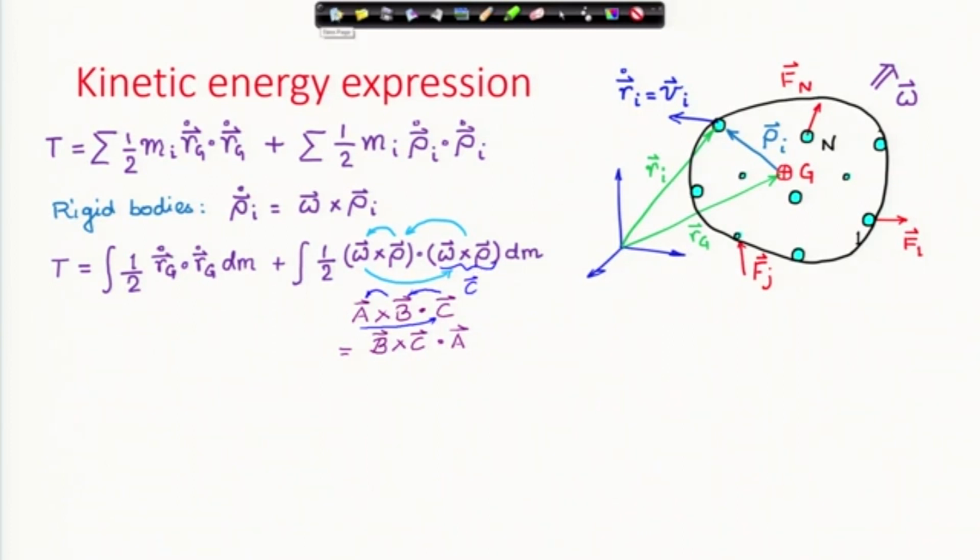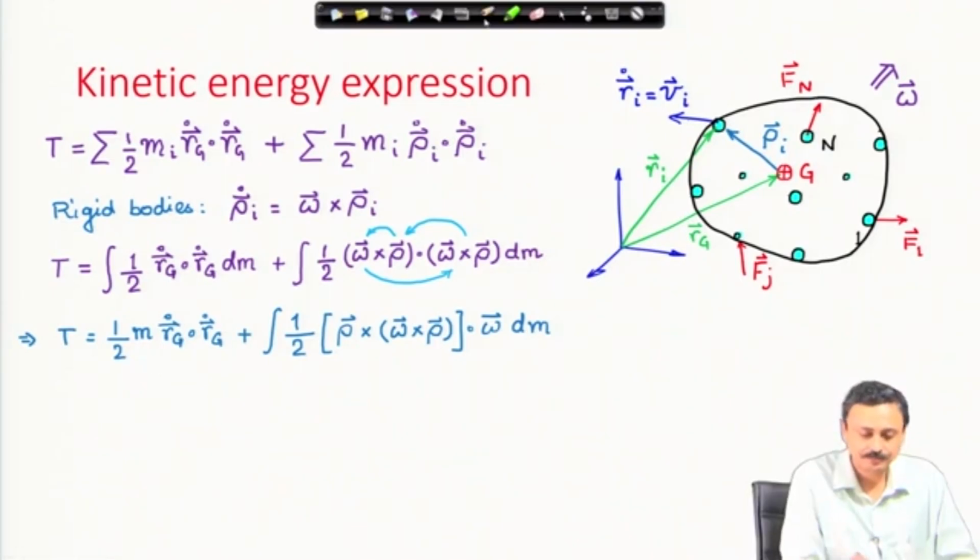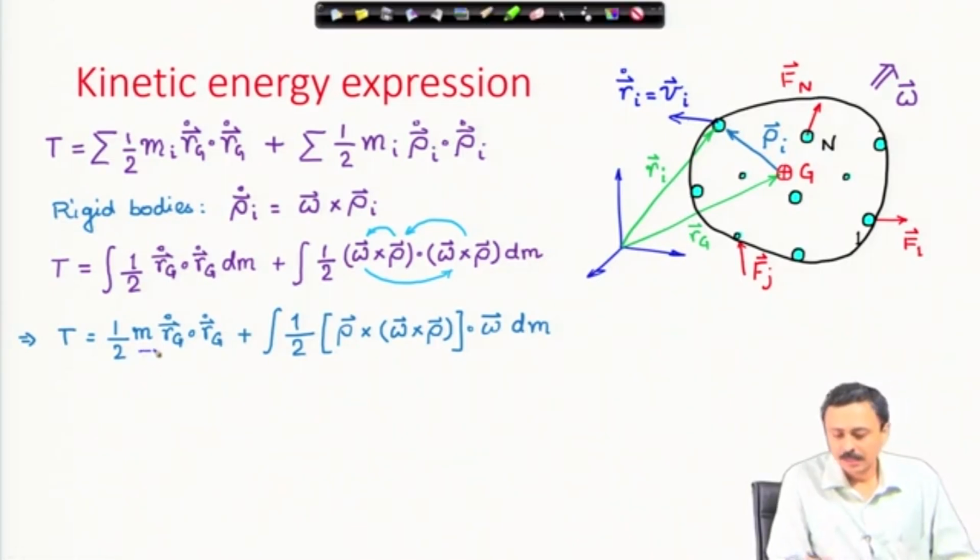Therefore, if I use that, I can write it as, so the first term is the integration of dm. Integration of dm is nothing but the total mass of the system. The second integral can be written, because this omega goes here, so this comes here, and this omega cross rho goes to the second place.